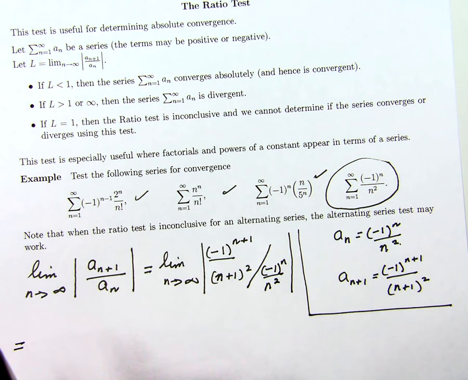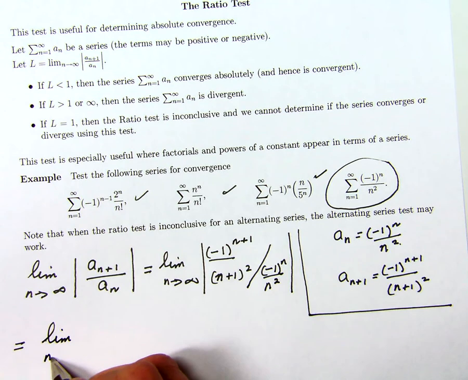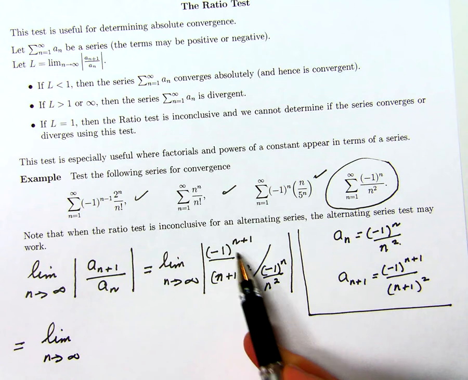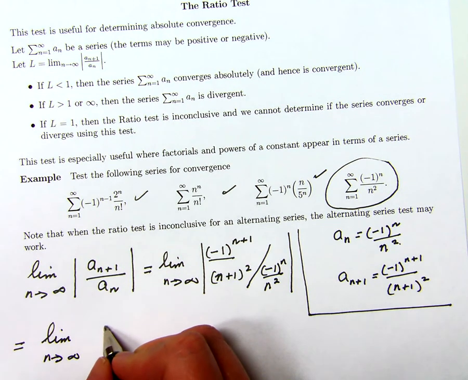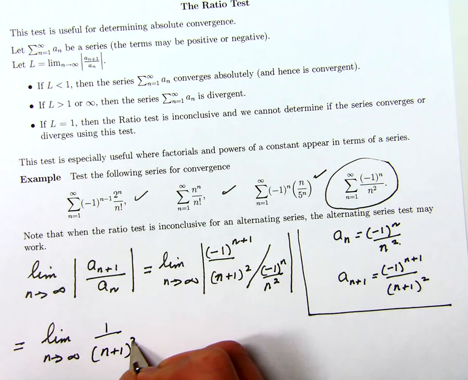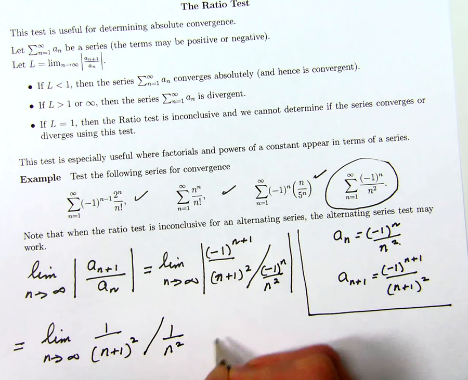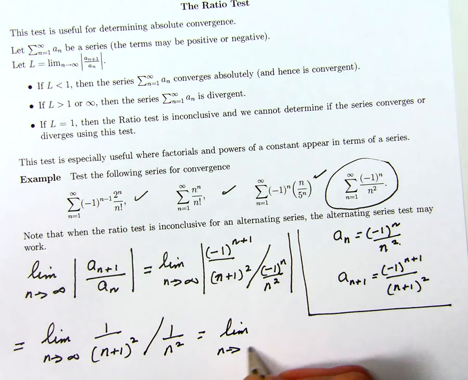Okay, that's equal to, I can ignore the absolute values and the -1 to the n, and so the absolute value makes the -1's go away, and so this is 1 over (n+1) squared over 1 over n squared, and that's the limit as n goes to infinity.